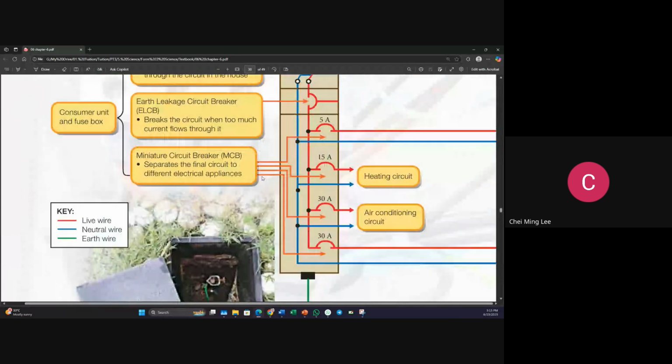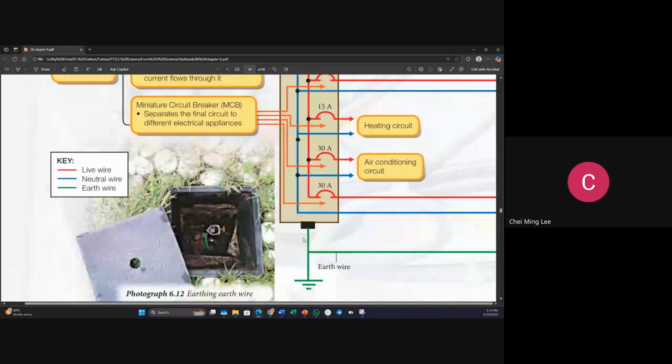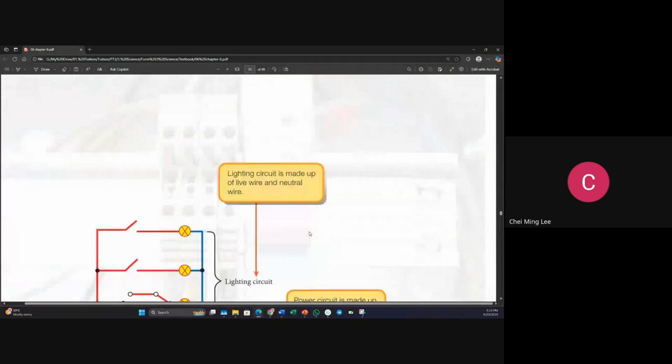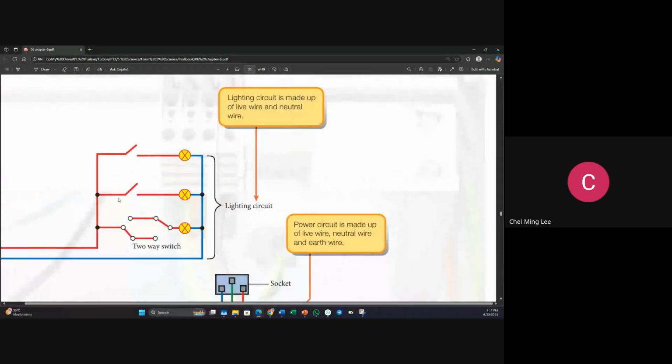After all these circuits, from here to here, they are connected to this, which we call the lighting circuit. The lighting circuit is the one we use for the lamps in your living room, your bedroom, all this. That's why they need to be parallel, because each light has its own switch.